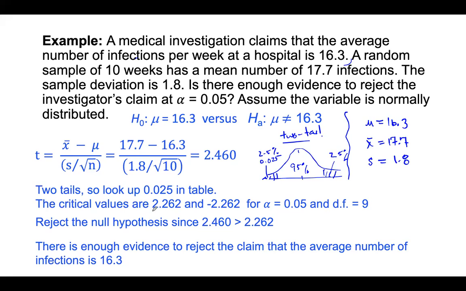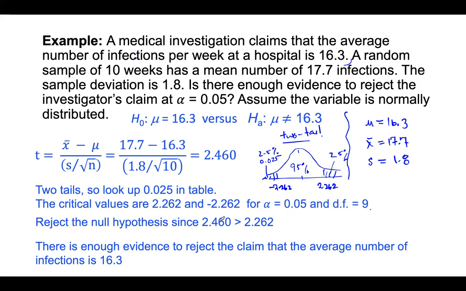And so plus and minus are those critical values for alpha being 0.05 and the degrees of freedom being 9. So this value here is 2.262, and this is negative 2.262.